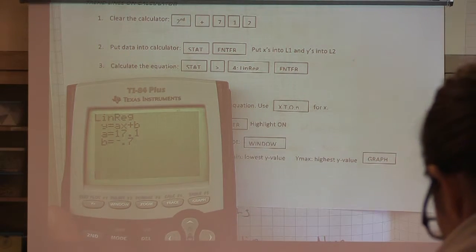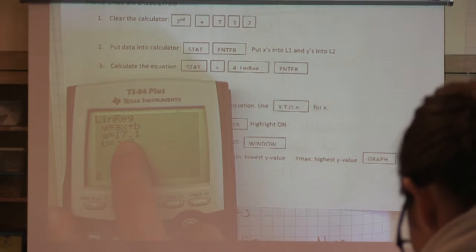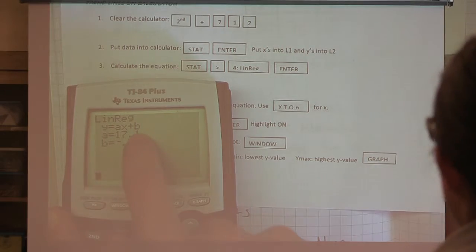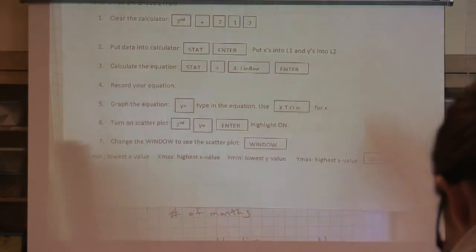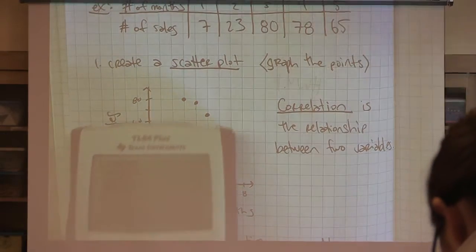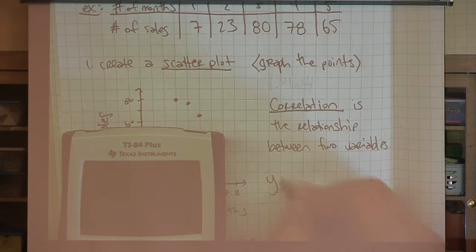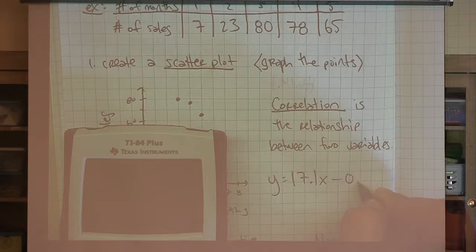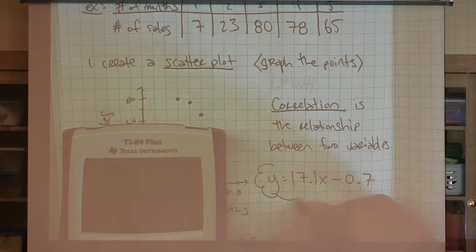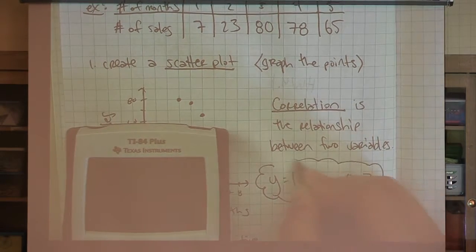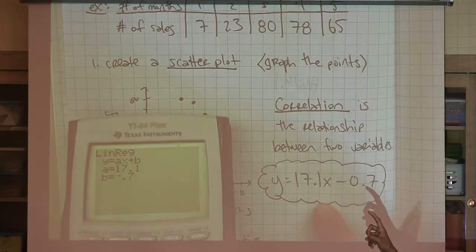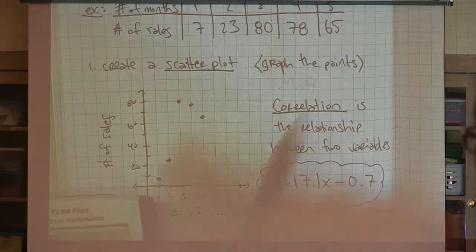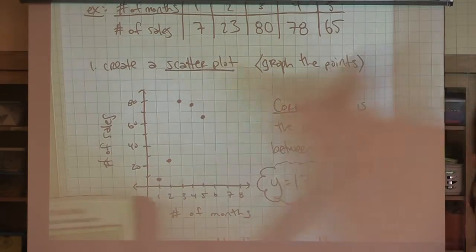Okay. To record my equation, I need to put 17.1 in for A and negative 0.7 in for B. So if I was recording this equation, I would write it down as y equals 17.1x minus 0.7. Okay, this would be the line that represents my sales through here.